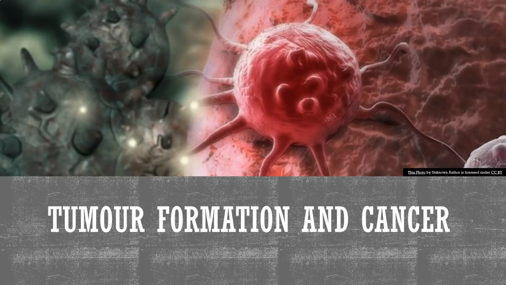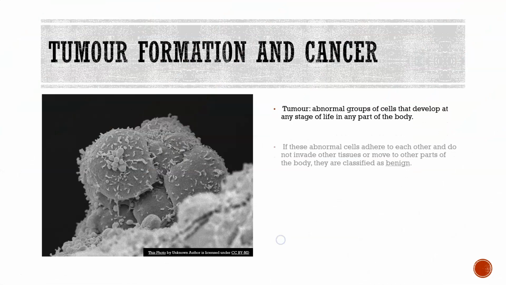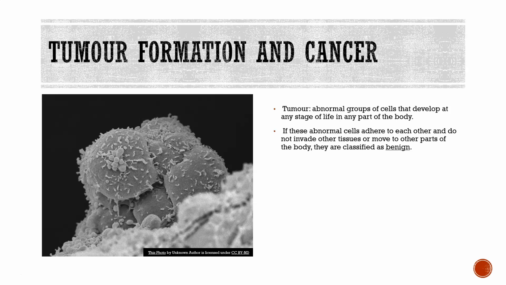In the video that you watched over the holiday, we then looked at tumour formation and cancers. We said that a tumour was an abnormal growth of cells that developed at any stage of cell life in the body. If these cells adhere to each other and do not invade other tissues or move to other parts of the body, they're benign.